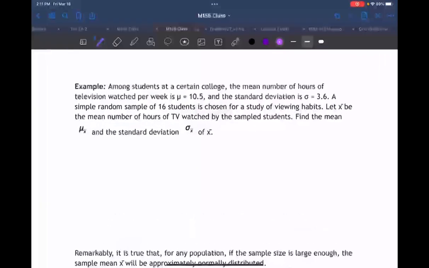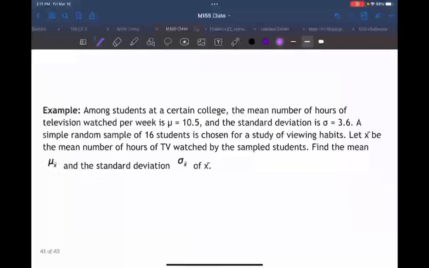But let's just go to this example here. This is a very typical example when we're talking about sampling distributions, the distribution of the sample means. Up top here, I'm going to rewrite the two formulas from the previous page. When we're talking about the mean of the means, remember we used the mean symbol with the sample mean symbol right below it, and this was equal to the actual mean.